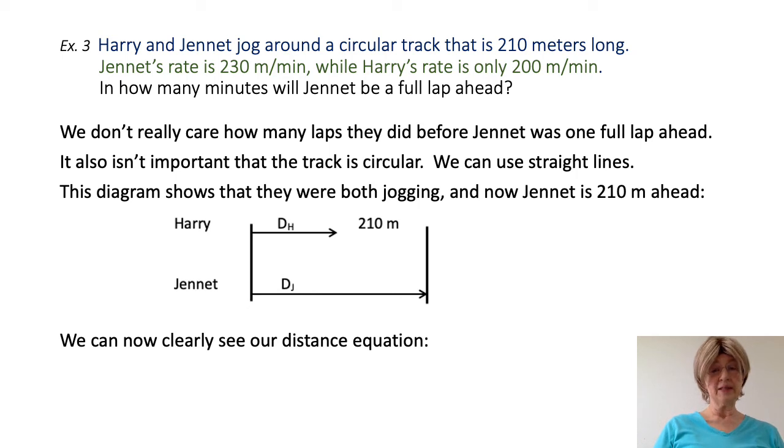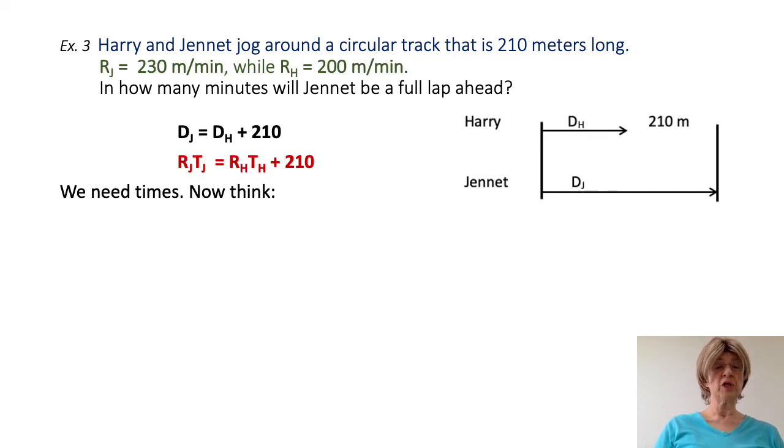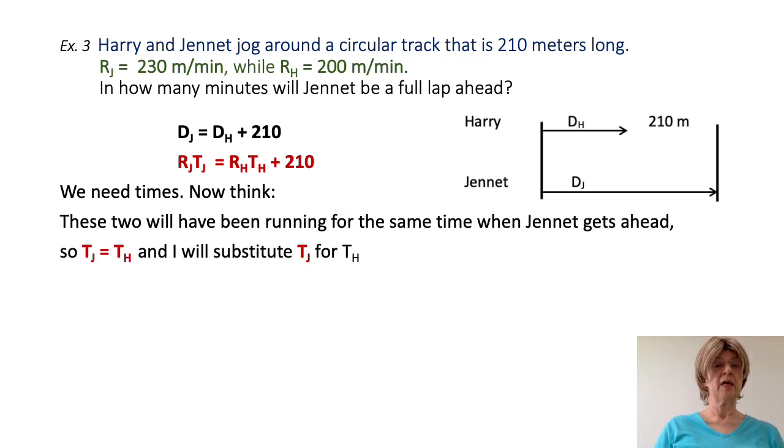We can now clearly see our distance equation. D sub j equals d sub h plus 210. R sub j t sub j equals r sub h t sub h plus 210. We need times. Now think. These two will have been running for the same amount of time when Janet gets ahead, so t sub j equals t sub h, and I will substitute t sub j for t sub h.